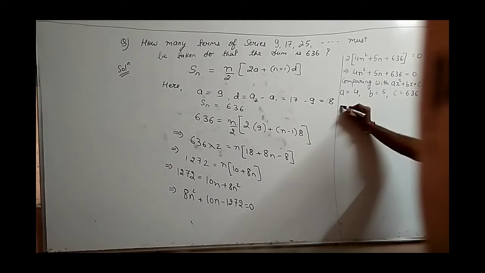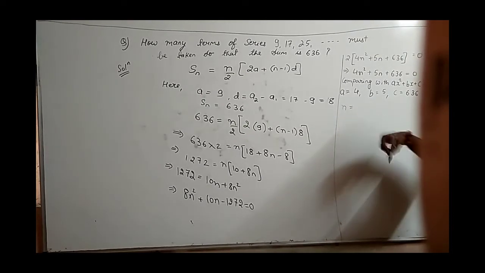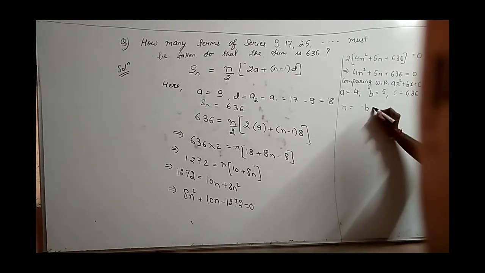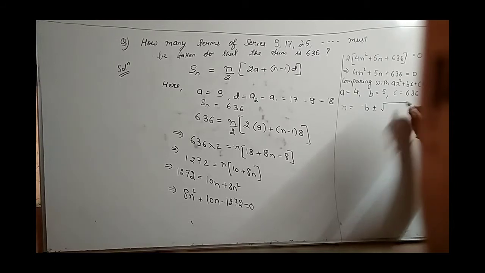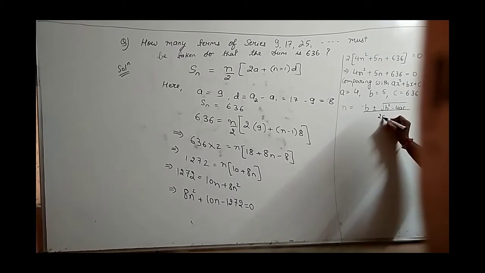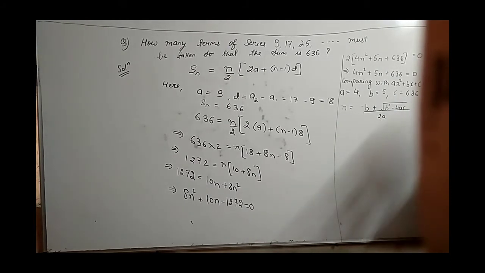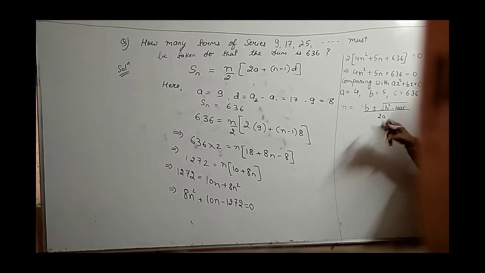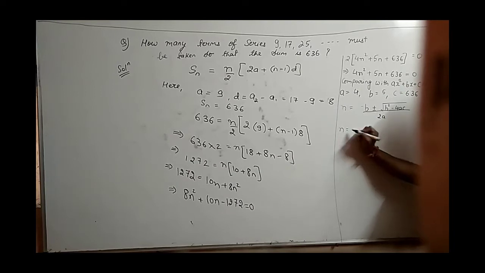Okay, so what will my n be? n is minus b plus minus under root b square minus 4ac upon 2a. This we have studied in the quadratic equation chapter, how to solve the quadratic equation by formula method. This is the formula. Okay, now just substitute the values.